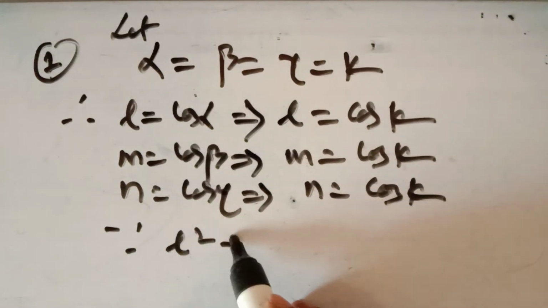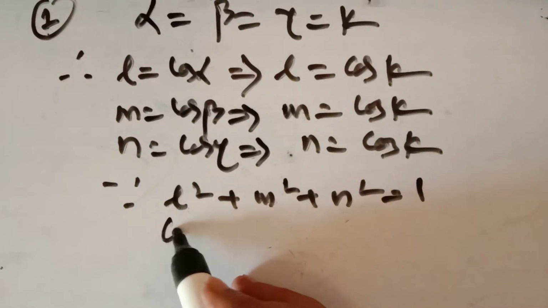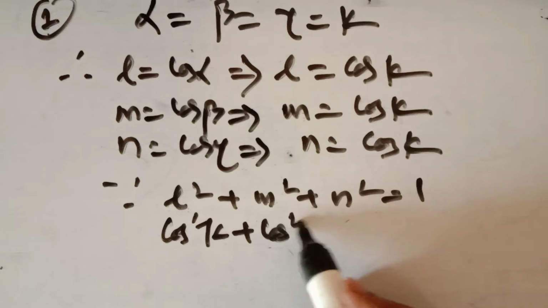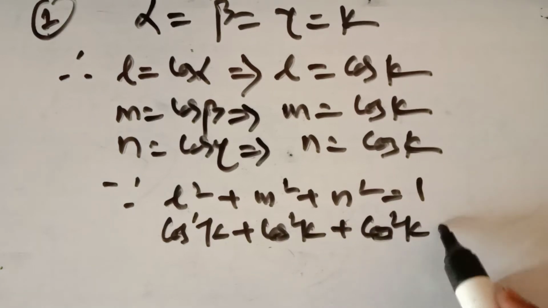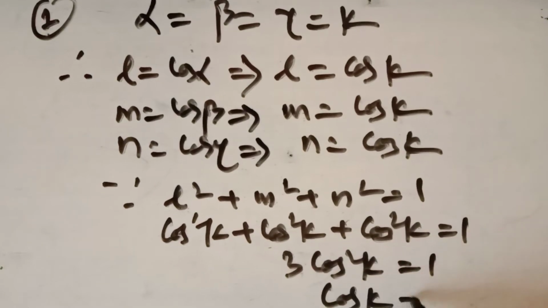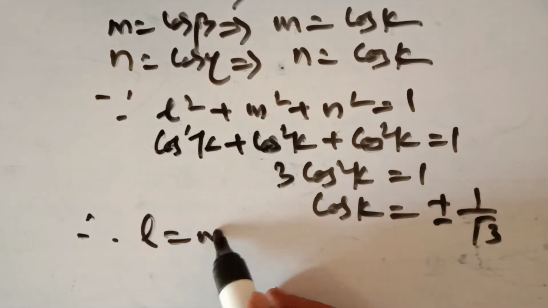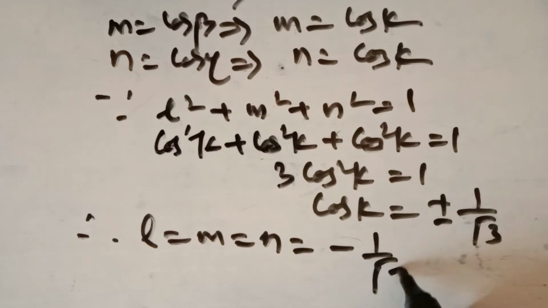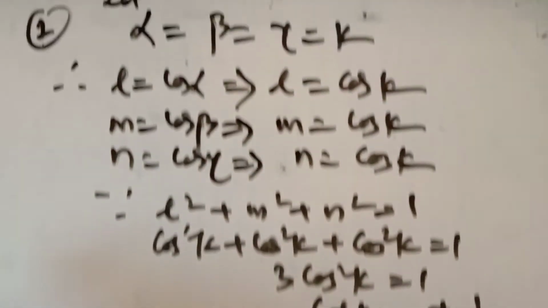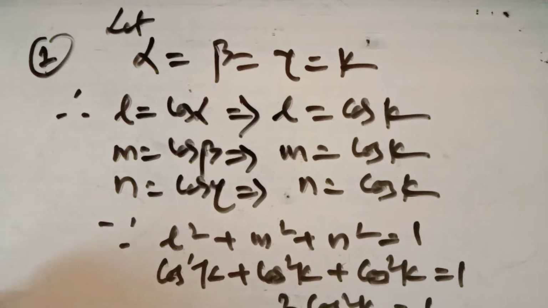Now because l square plus m square plus n square is equal to 1, cos square k plus cos square k plus cos square k is equal to 1. 3 cos square k is equal to 1. So cos k is equal to plus minus 1 upon root 3, and l, m, n are all equal to each other, equal to plus minus 1 upon root 3. So these are the direction cosines when the line makes equal angles with the coordinate axes, that is, alpha, beta, gamma are all the same.